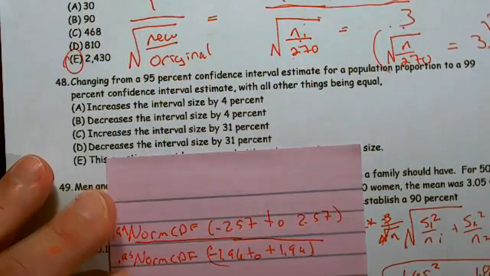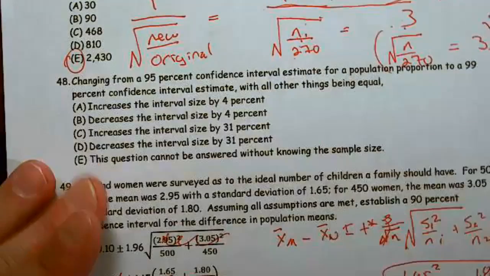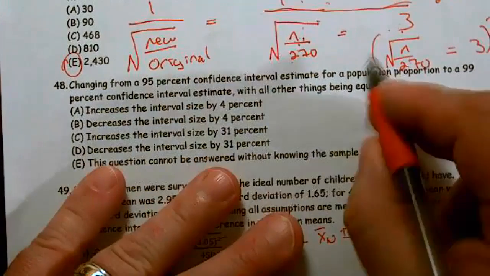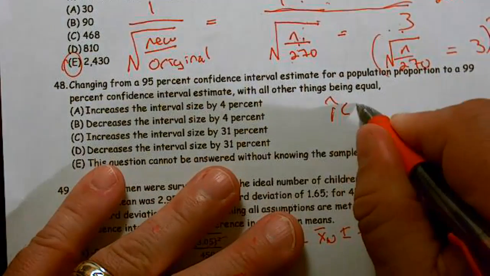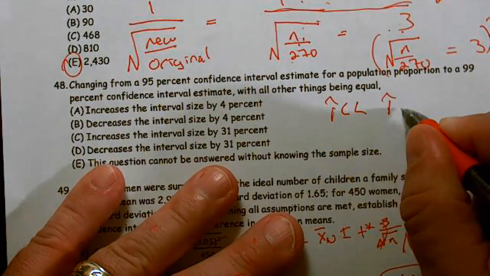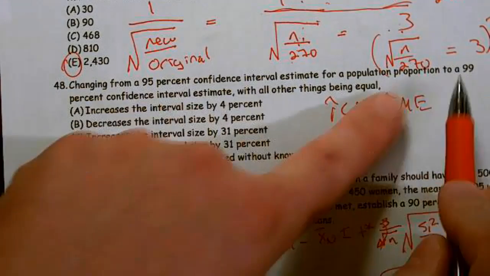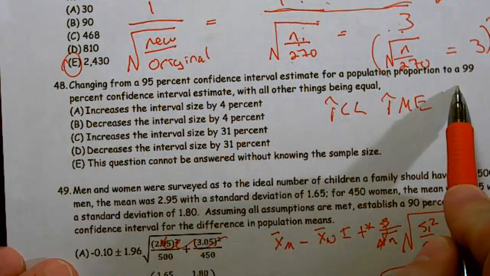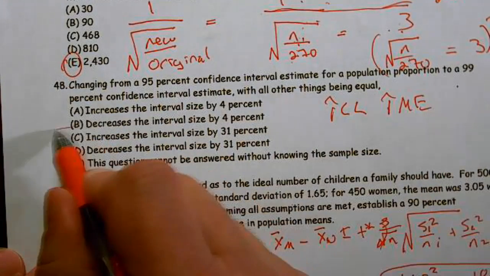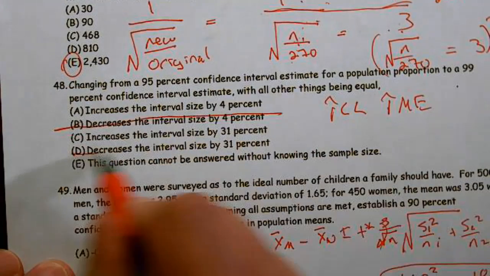Now, please think about this real quickly. First off, as our confidence level goes up, our interval or margin of error goes up. So going from 95 to 99 means it's going to go up. So we're going to increase. That gets rid of our decreases.